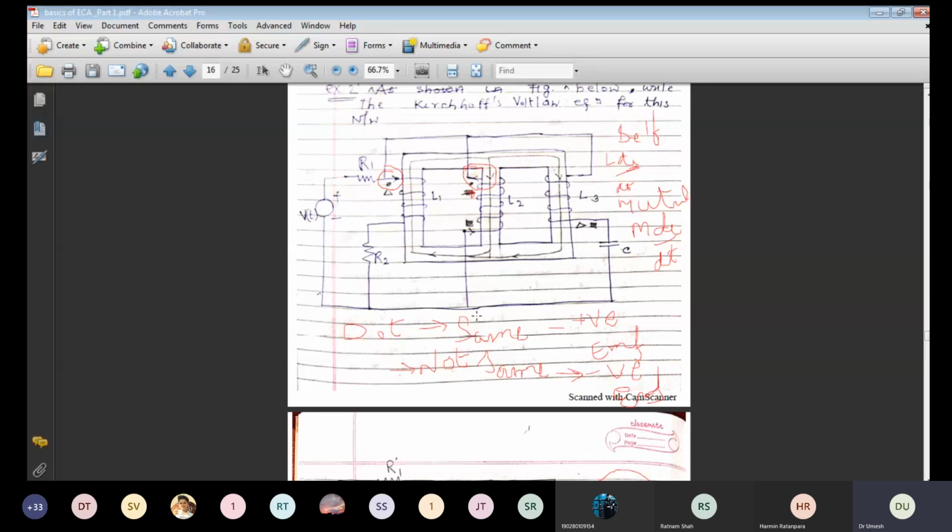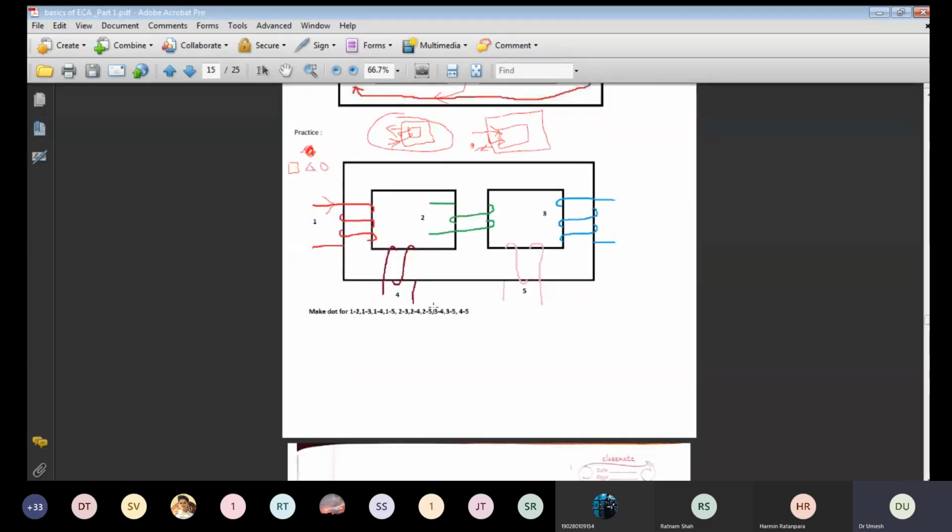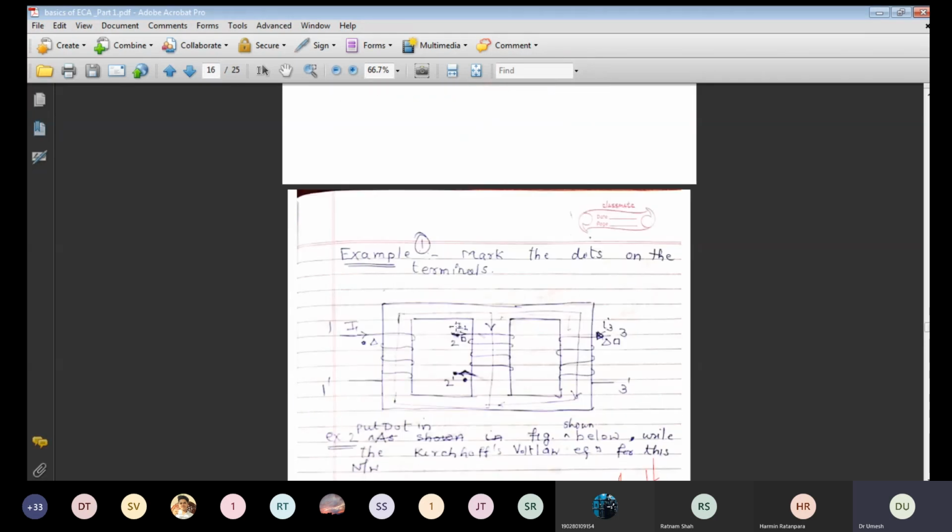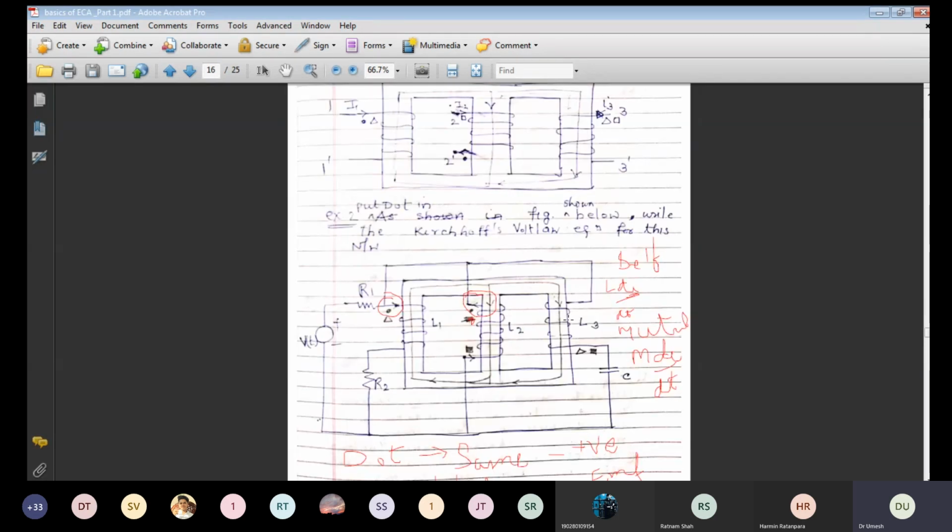There are different types of examples asked in the GATE exam. One, that you put the dot first of all. This circuit is given, you put a dot only, you will get the mark. Then after dots are given, you have to write the equation.